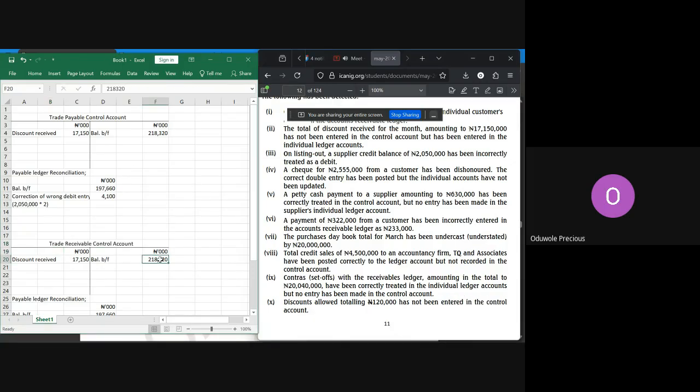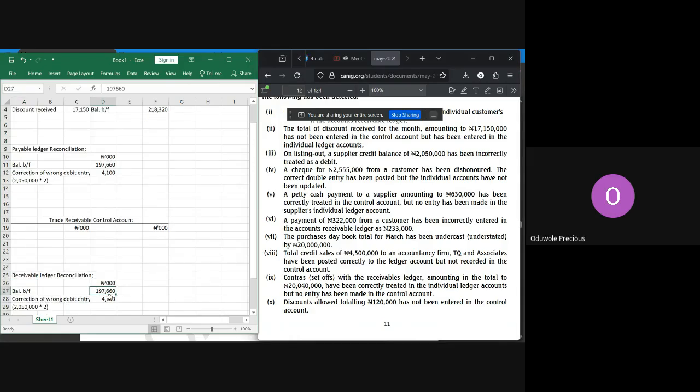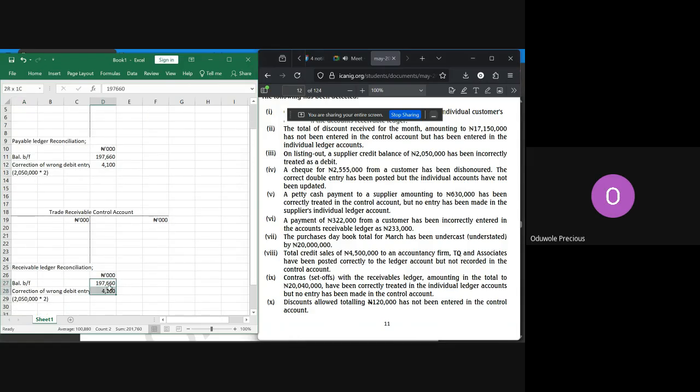So this one will be cancelled. This one will be changed to receivable ledger control. Then after that, remove all these jargons that are written.